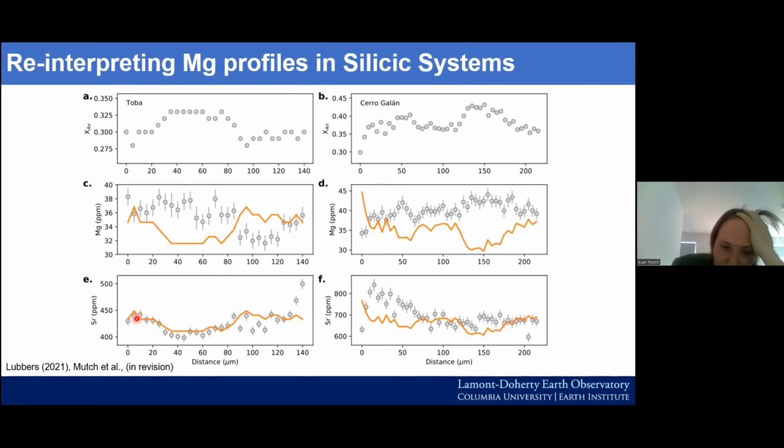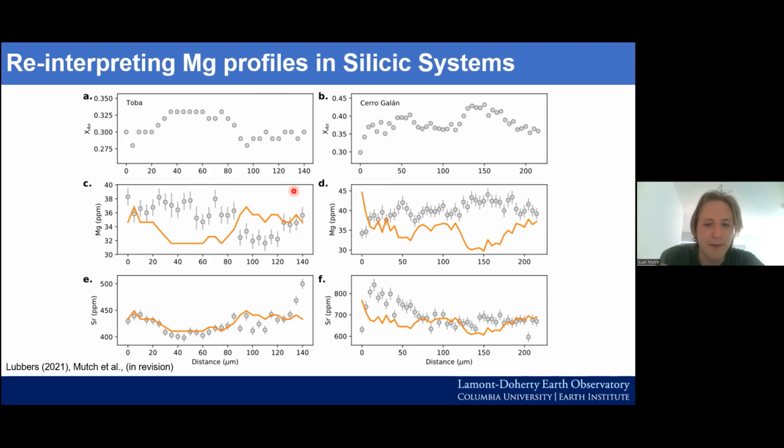So he had strontium profiles that were quite close to a calculated equilibrium condition calculated using the Bindeman model, whereas his magnesium profiles were really far away from equilibrium. So potentially there would be considered to be significant disequilibrium.